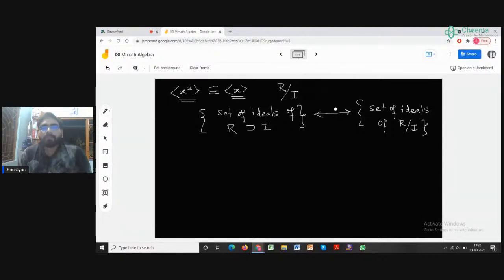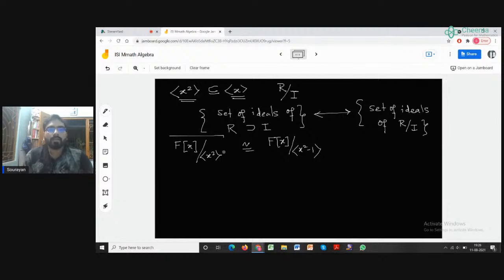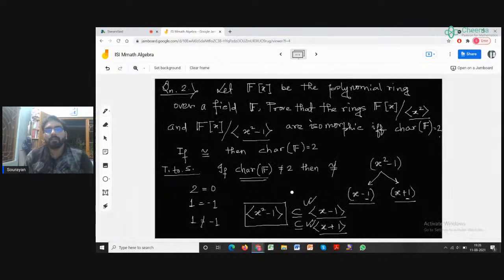Okay, so that means what? That means if F[x] modulo x^2 was isomorphic to F[x] modulo x^2 - 1 when characteristic of F is not equal to 2, then the number of ideals has to be the same, right? But here you can see clearly that the number of ideals of F[x] modulo x^2 - 1 is 2.